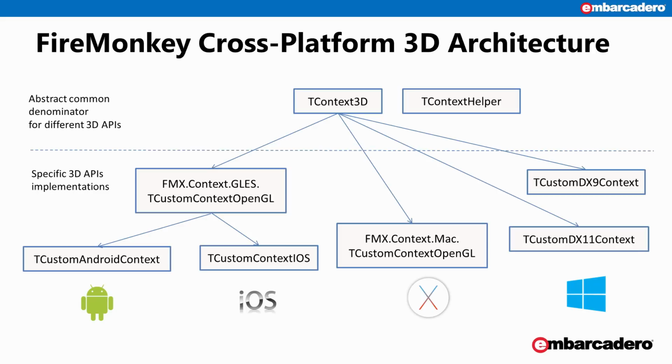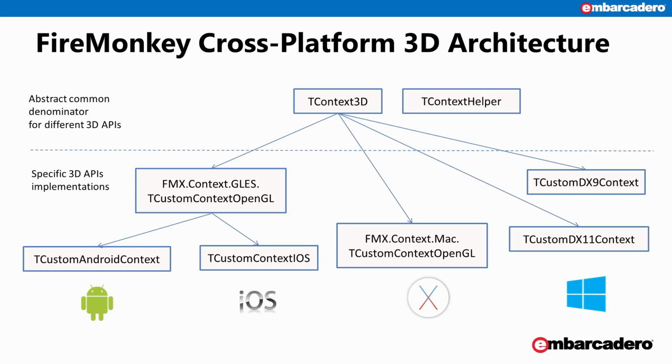So this is very useful because you don't need to learn multiple different object models. You just need to use high-level components or directly call methods on TContext3D, and you can make a fully functional 3D application.